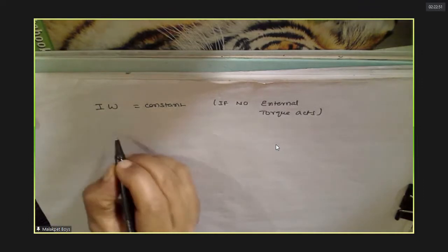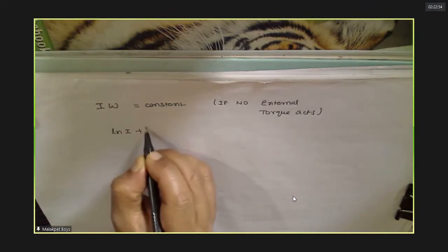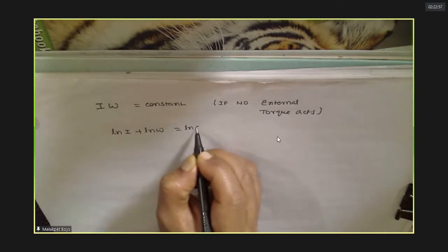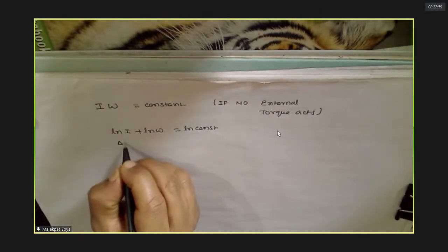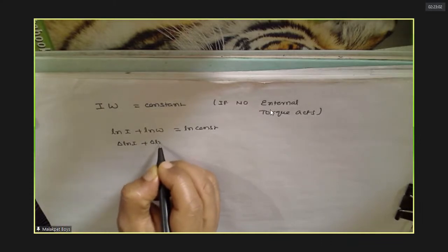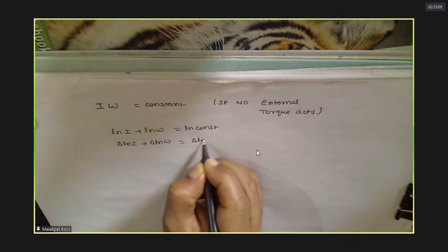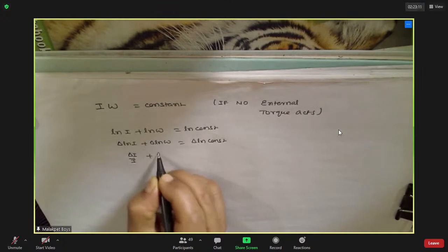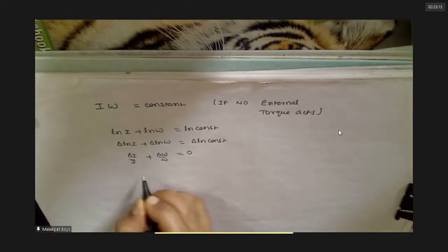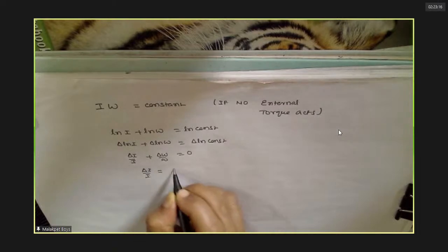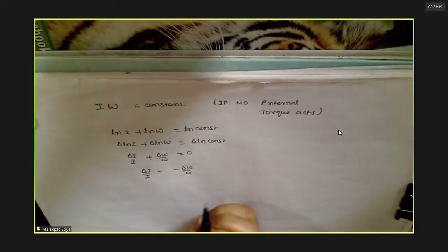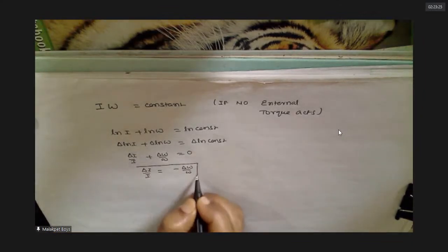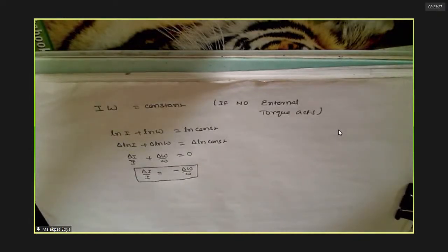So here, if I take L and I, what is that you have here? Delta I by I, remember, this is 0, no? Clear? Okay, you just note down this and we'll come back to that in other chapters.